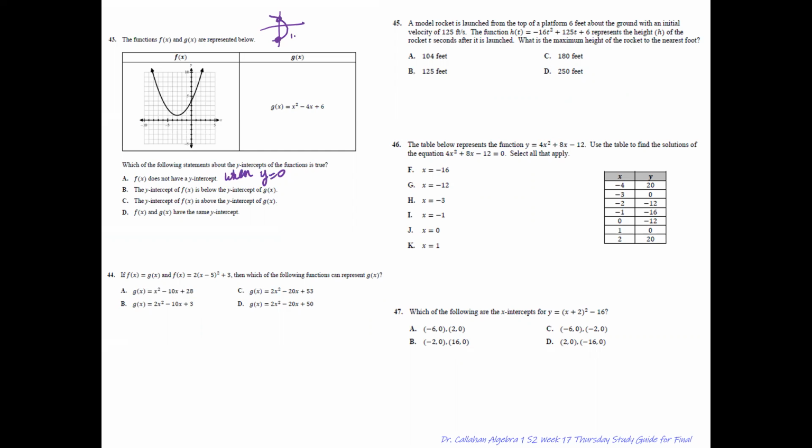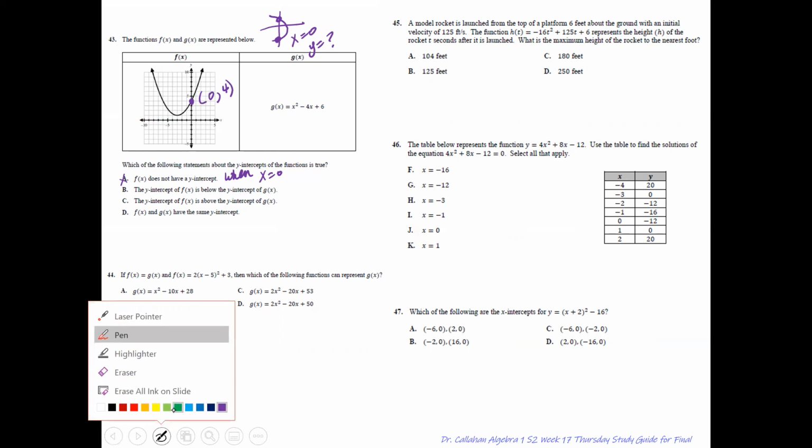So you look at x equal to 0 and figure out what y is. Does this graph ever hit the y-axis at x equals 0? Yes, it does. And here, the y-intercept is going to be (0, 4). So that is false. That's not the correct answer.